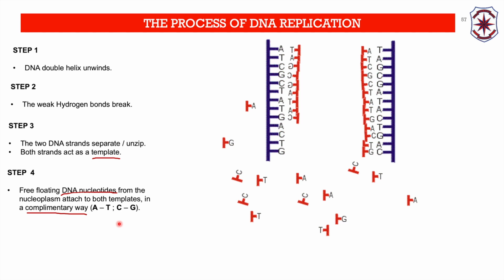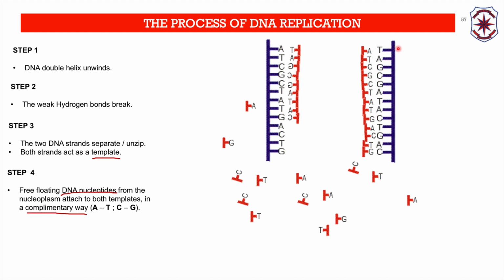Remember, guys, I'm going to repeat this again. The original strand that separated became a template. So that template attracts free-floating DNA nucleotides to it, to attach to it in a complementary way.